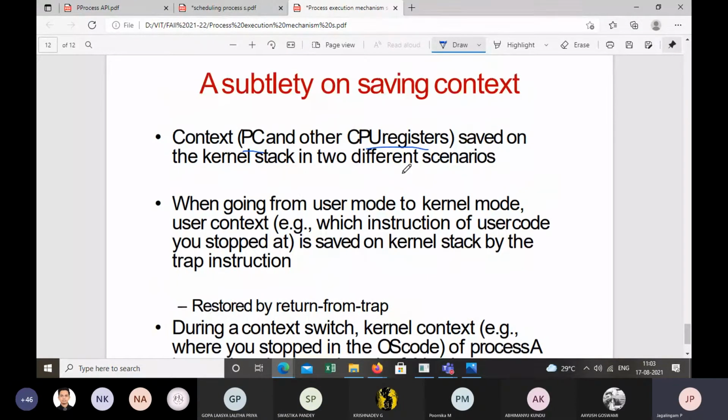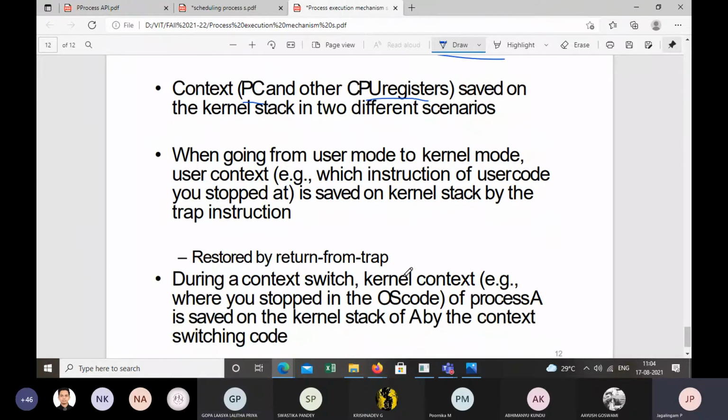Now what are the different scenarios where we save the context? When we move from user mode to kernel mode, and when we switch context between two processes. Good, exactly.